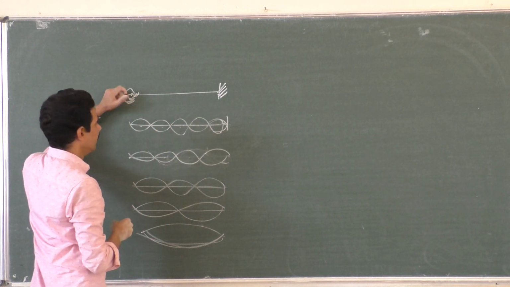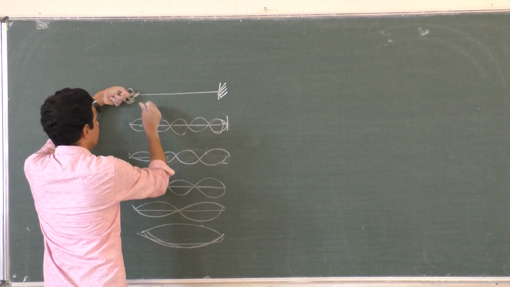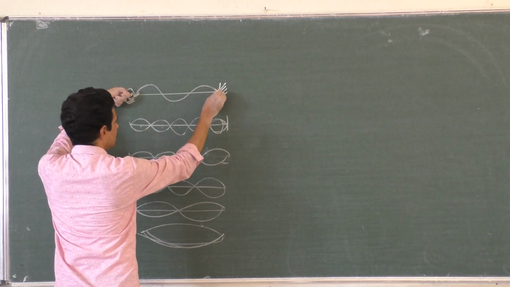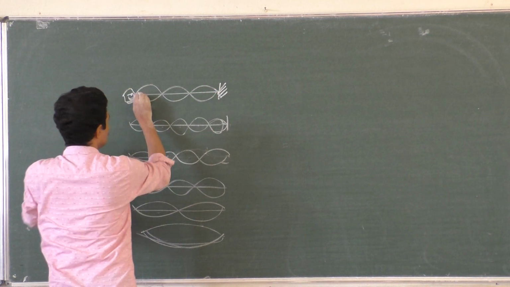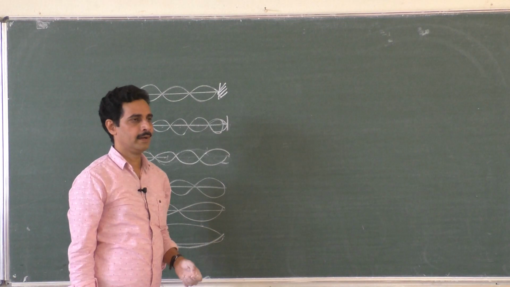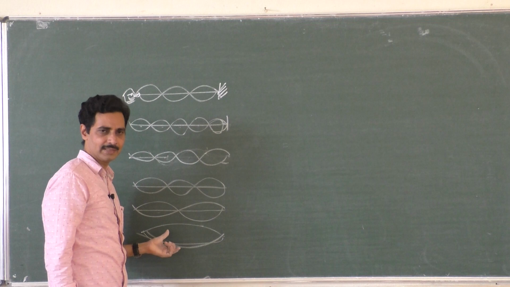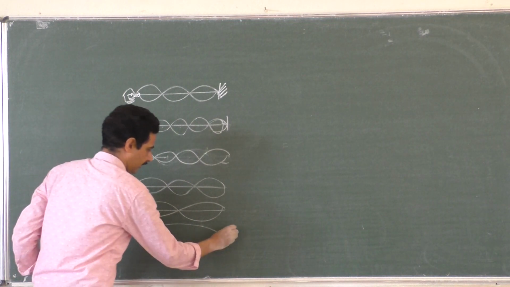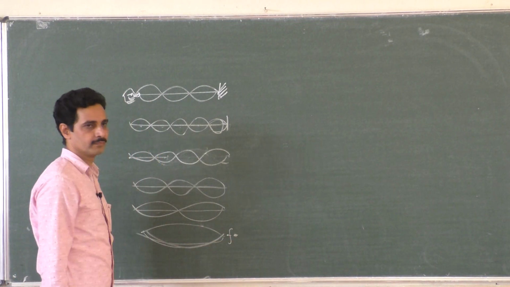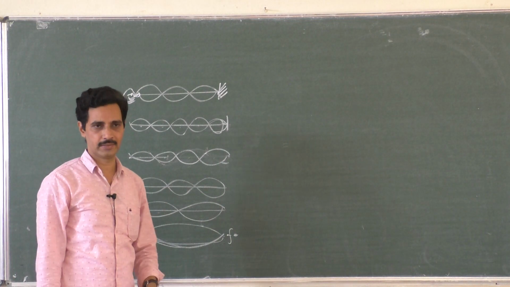Then these 2 ends should be nodes. In such a case, you will have the fundamental vibration like this, the least amount of frequency, and this is called the fundamental frequency, F. The least frequency is called the fundamental frequency.